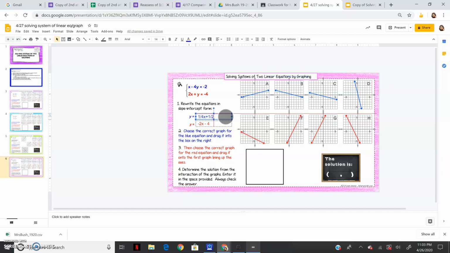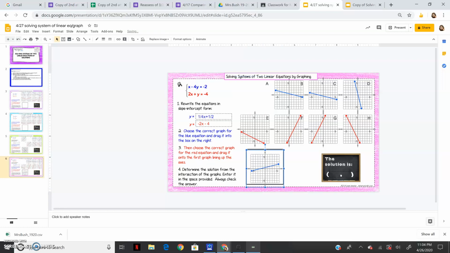This equation is positive, so I'm going to go with the one that's going through 1/2. And is it rising 1, going up 1 and over 4? Yes, going up 1 and over 4. See how that is not really slanted very much? That's why you know. Okay, so now you're going to take this one and put it right there.